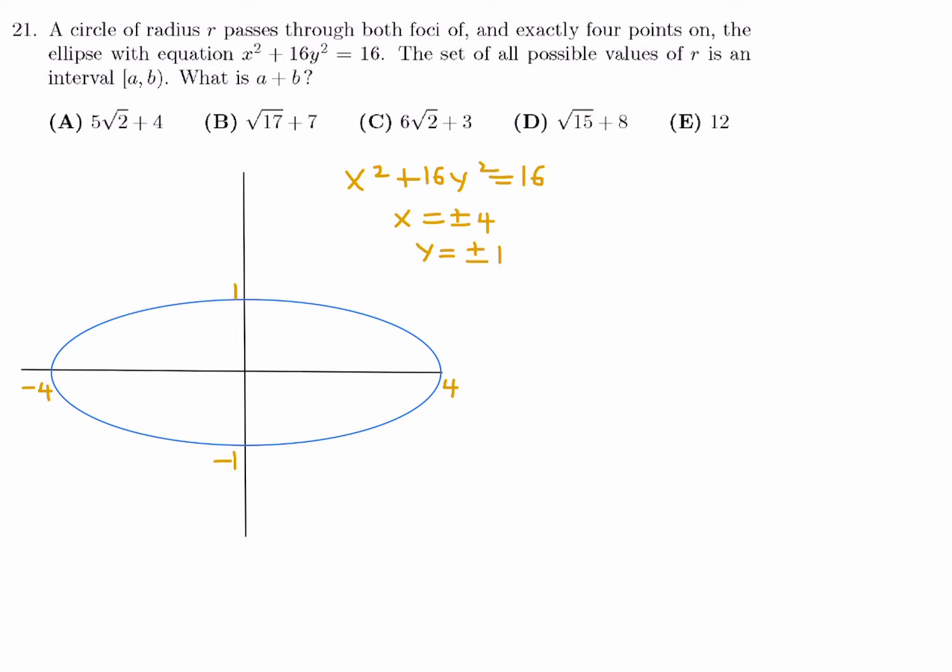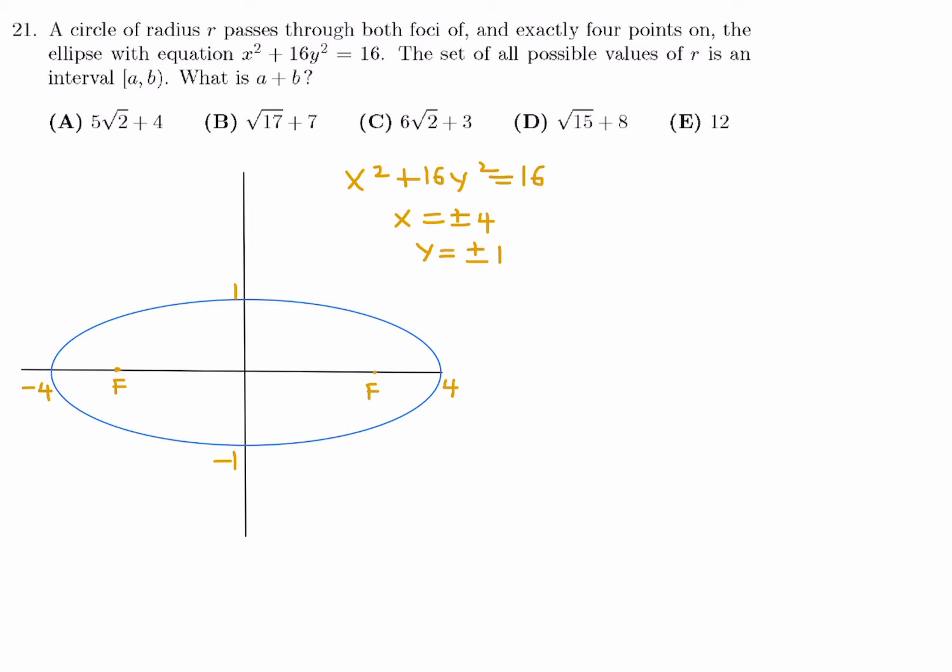Now the foci are somewhere here. Let's say this is F for foci, and this is F right here. There's a property in ellipse shapes that the foci can be calculated as follows.